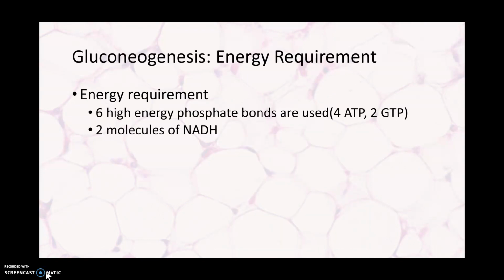Okay, for gluconeogenesis, this metabolic pathway, the energy requirement is 6 high energy phosphate bonds are used, so 4 ATP and 2 GTP, and then 2 molecules of NADH. So ultimately, we do need to put some energy into this cell in order for us to produce a glucose molecule, which then can go back out in the bloodstream and we can use it for anaerobic or aerobic metabolism, right?